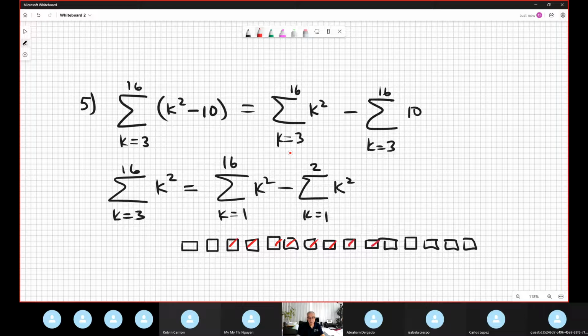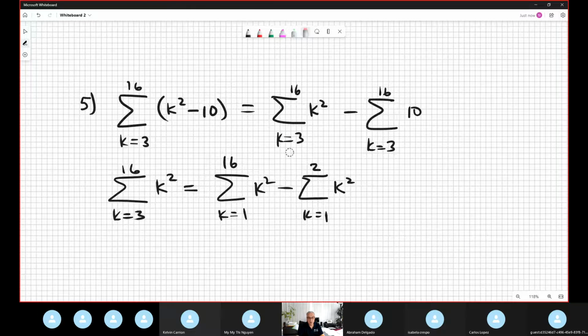However, I have no formula for this. But I have the formula for the complete sum, from 1 to 16. And now finally you delete, subtract, this part from 1 to 2. Do you understand the idea? It's easy? Yes.